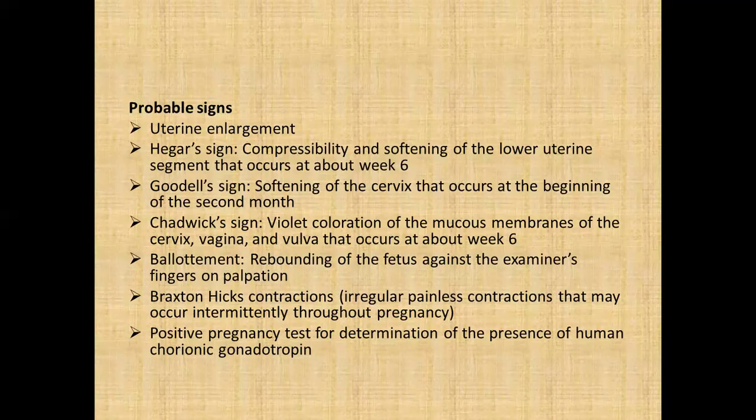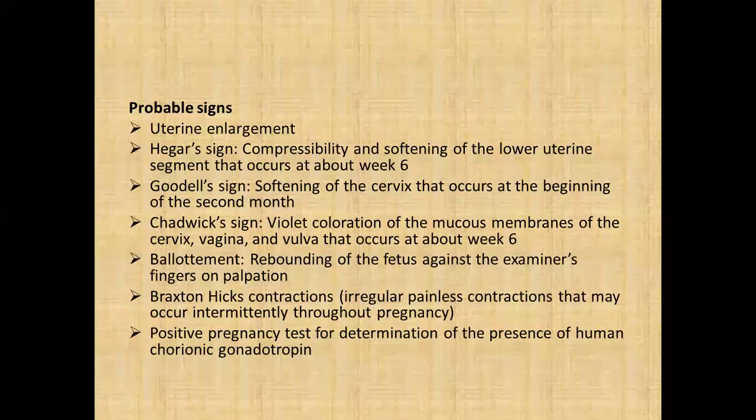Then we have Goodell's sign, which is rather softening of the cervix. That will also occur at the beginning of the second month. So we said Hegar's is softening of the lower uterine segment and its compressibility.